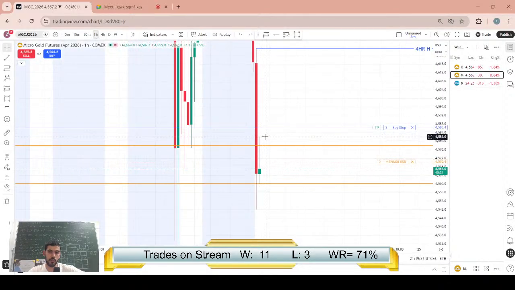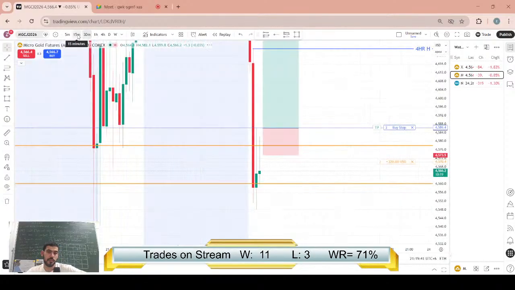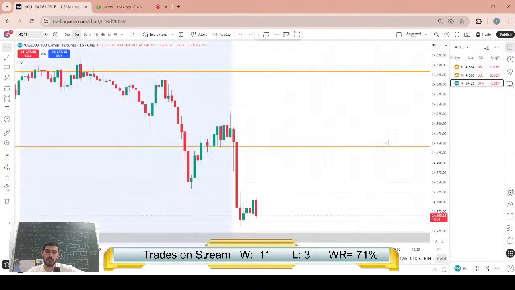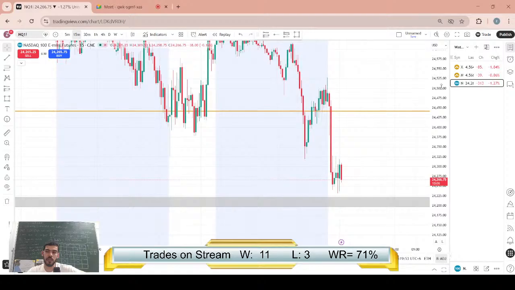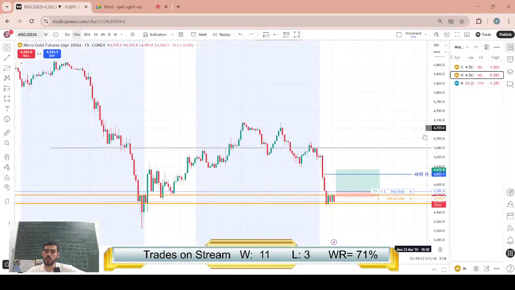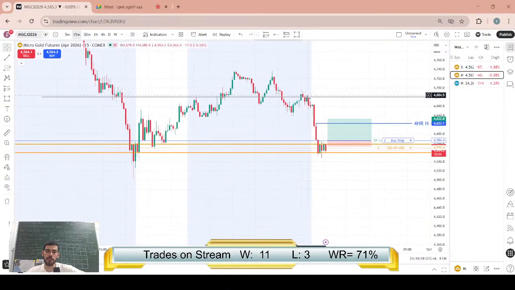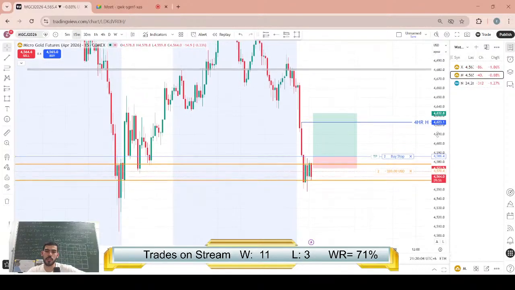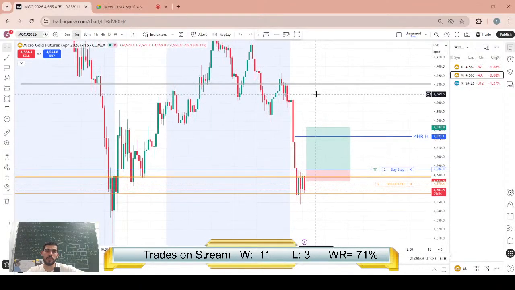It shouldn't break this 1 hour high, I believe so. Nasdaq is still going down. Volume is getting very slow now, after all of these moves. Now in New York we are having very, very slow volume.